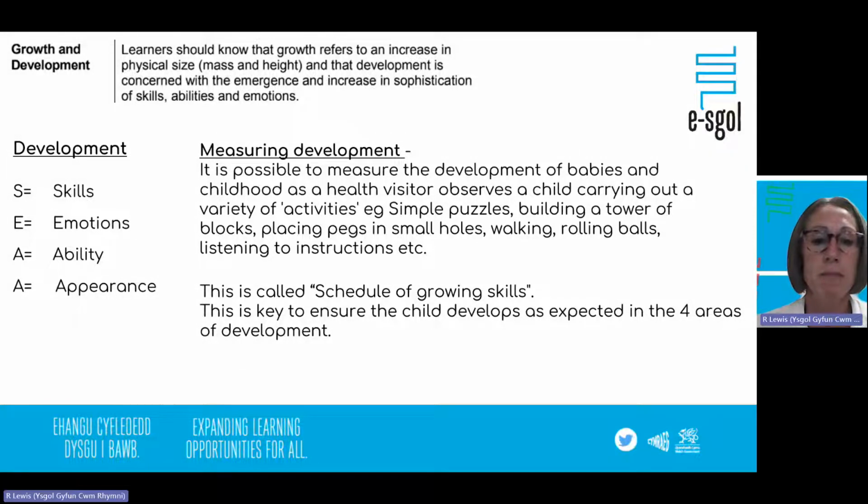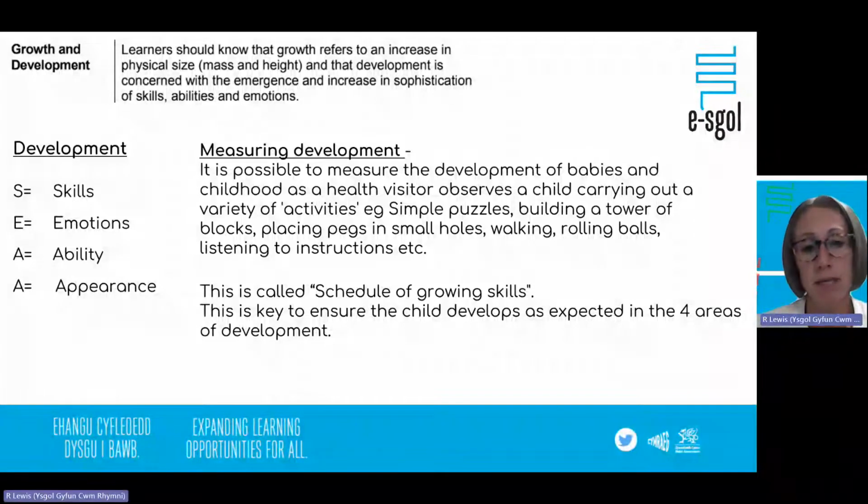So we measure development by observing a child carrying out a series or variety of tasks or activities that will give us a good indication of their development in terms of physical, intellectual, emotional and social development.